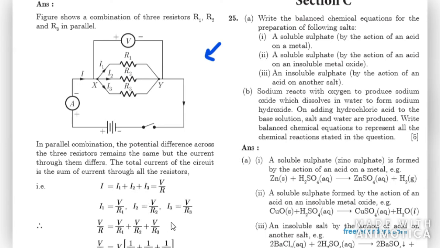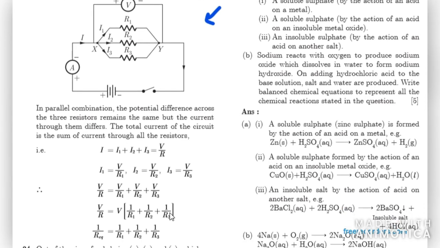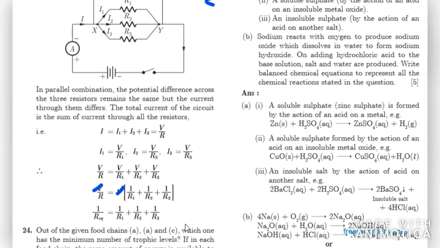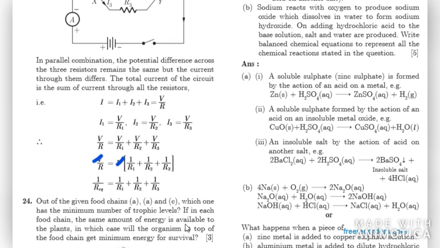So putting all the values into equation 1, you get V over R equals V, taking V common from the right hand side, then we have 1 over R1 plus 1 over R2 plus 1 over R3. Cancelling V on both sides, we get 1 over R equivalent is equal to 1 over R1 plus 1 over R2 plus 1 over R3.